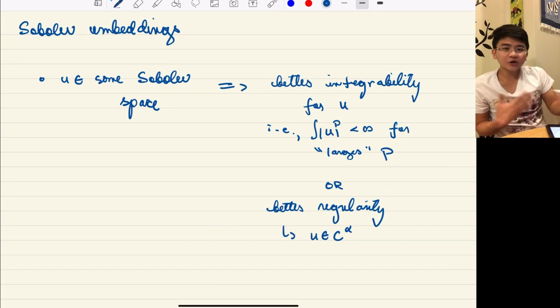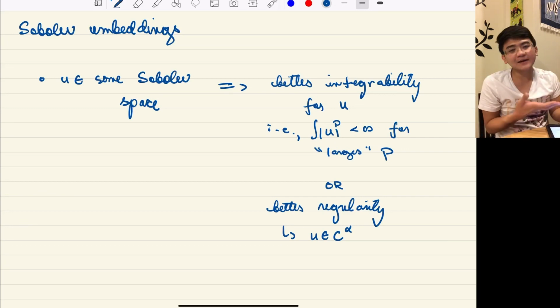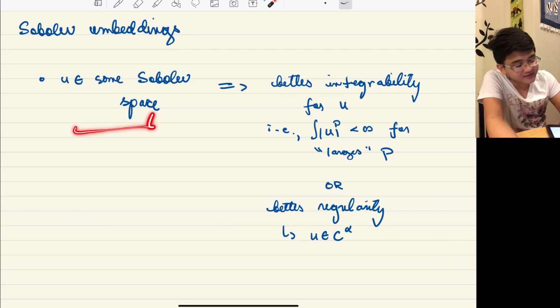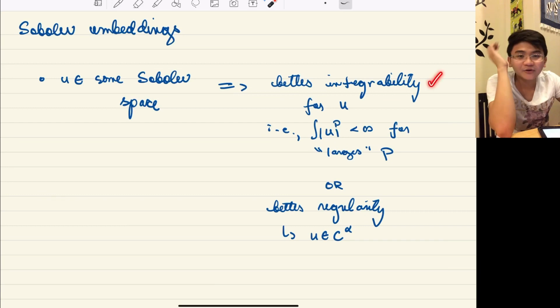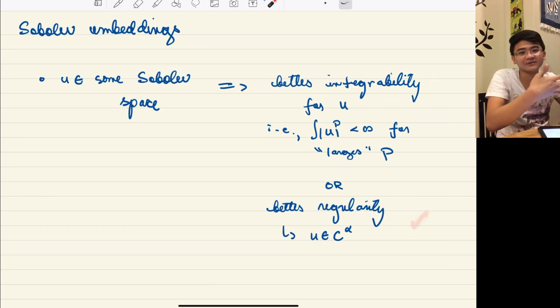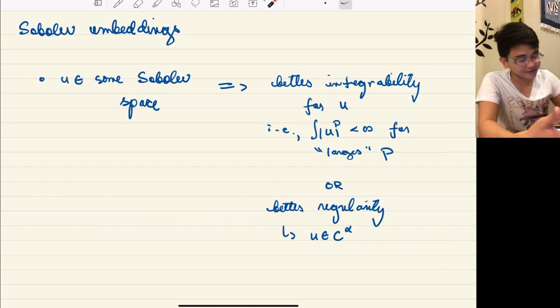So the continuous embeddings allow you to say better things about U. In particular, if U is in some Sobolev space, either you get better integrability for U, or you get better regularity. Is it now continuous, or not just continuous but actually Hölder continuous?